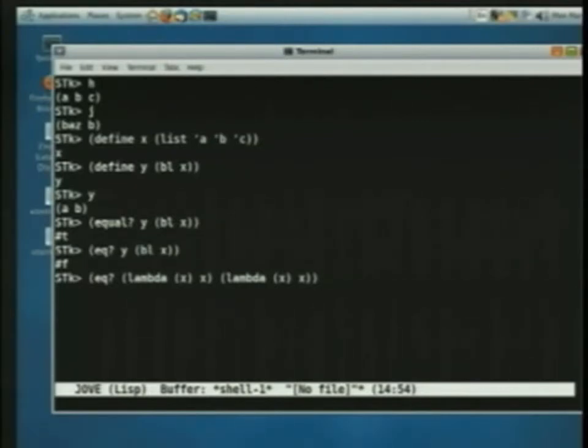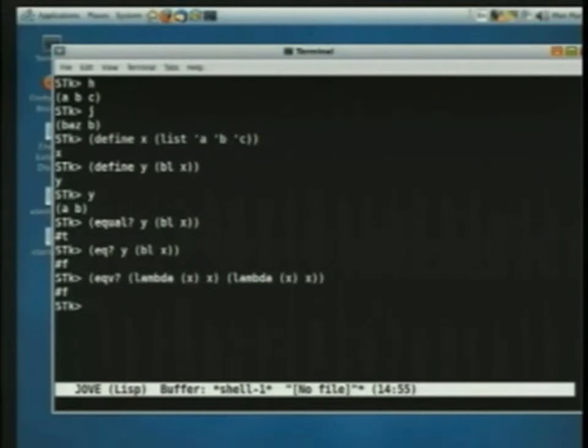Are they the same or not? Well, actually, what I meant to say was EQV, so let me go back and do that. Let's see what STK does. STK says false. They're not the same. Mathematically, it's the same function, right? They have the same input-output behavior, which is all we care about.